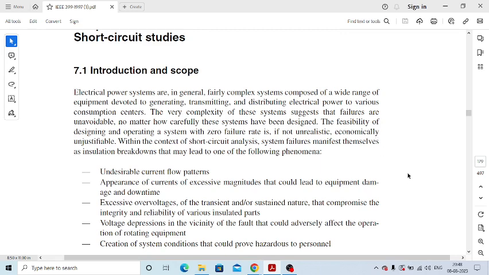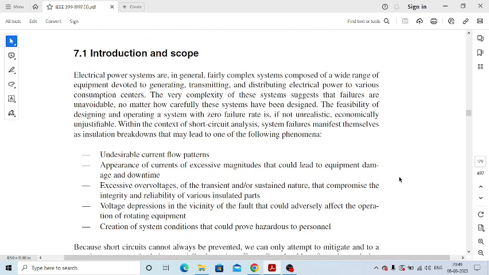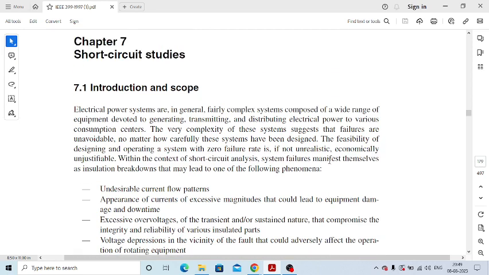So during the fault period, a huge amount of current will flow from the source to the fault point. Some of the problems with respect to that, I already told about the IEEE standard 399.